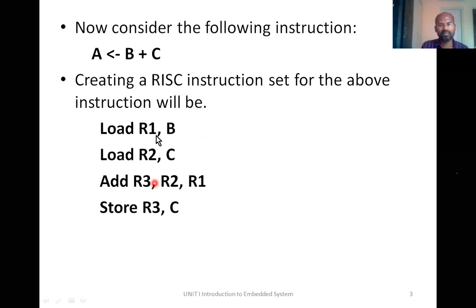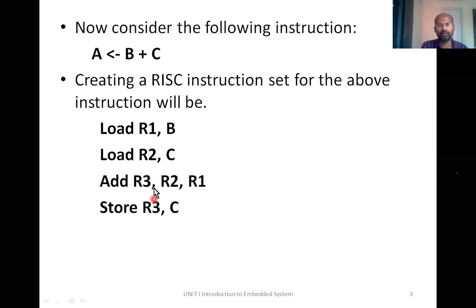Next, once we fetch the data which is present in the memory to the registers R1, R2, now by using the add instruction we can add the contents of the registers. See, all the instructions in the RISC architecture access only local registers like R1, R2, R3, R4.